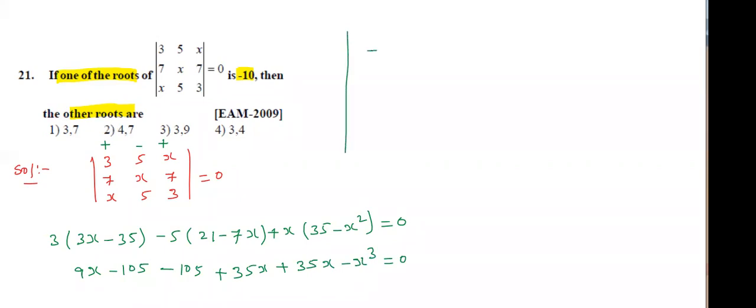First write the highest degree: minus x cube. 35x, 35x is 70x, plus 9x, 79x. Next the constant terms: minus 105 minus 105, minus 210, equal to 0. This is x cube minus 79x plus 210 equal to 0.